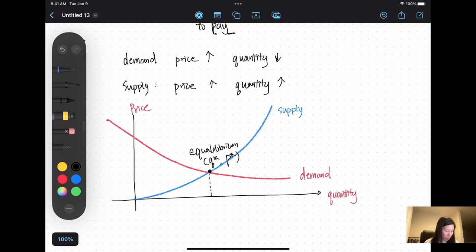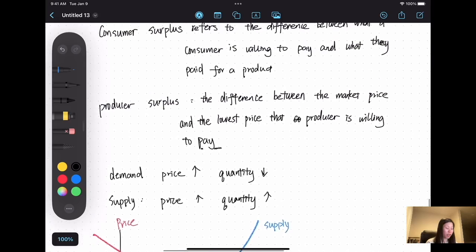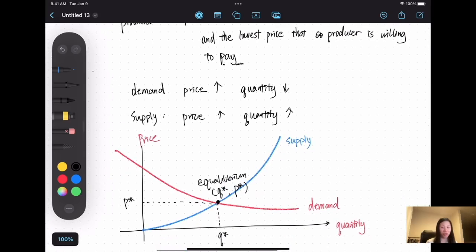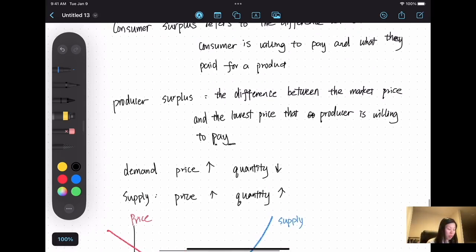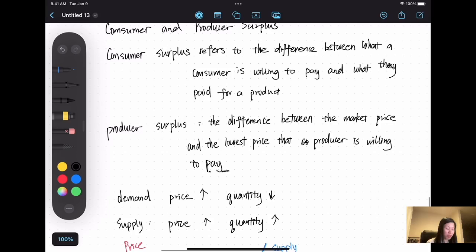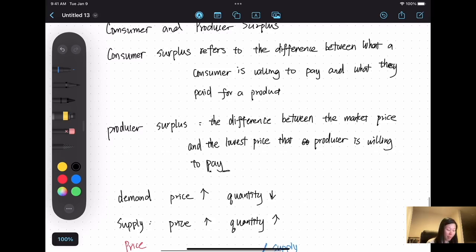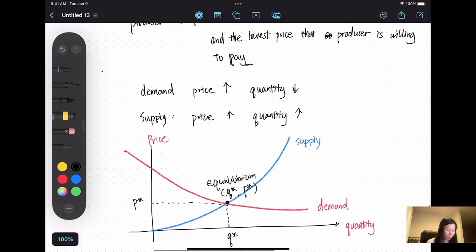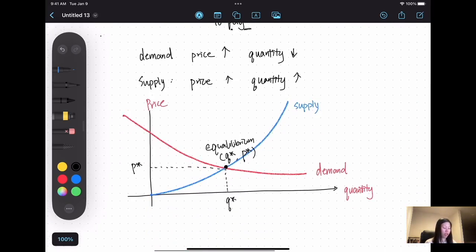So now here is our Q star, and here is going to be our P star. So by the definition of the consumer surplus, where do you think the consumer surplus is going to be? Well, the consumer surplus is the difference between what the consumer is willing to pay and what they pay for the product.